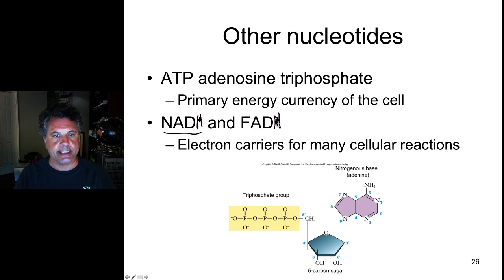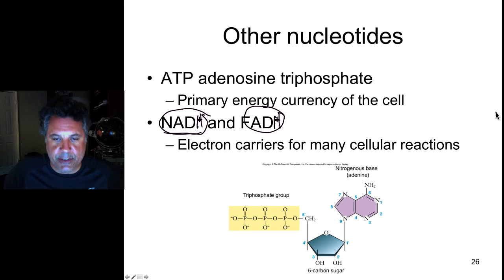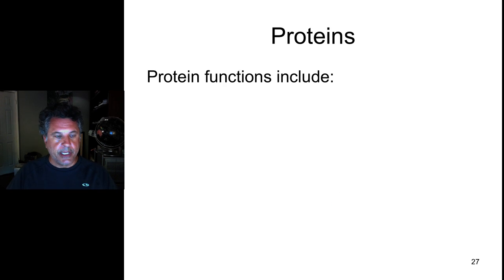And FAD can accept an H and become reduced FAD. And then that electron can be passed on to other molecules, and in so doing, that can release energy that can be harnessed for various purposes, as we will see. So that's something to keep in mind. We'll see that again. Now we're ready to tackle proteins, and so we'll go on to the next part for that.